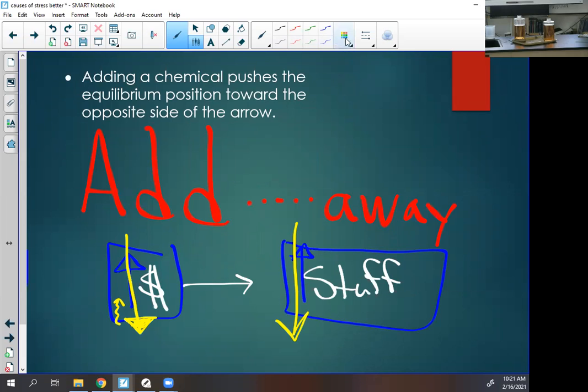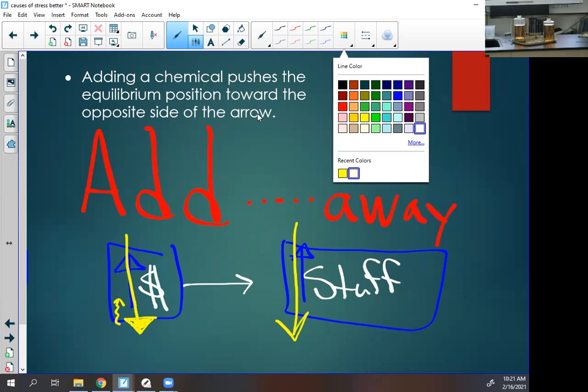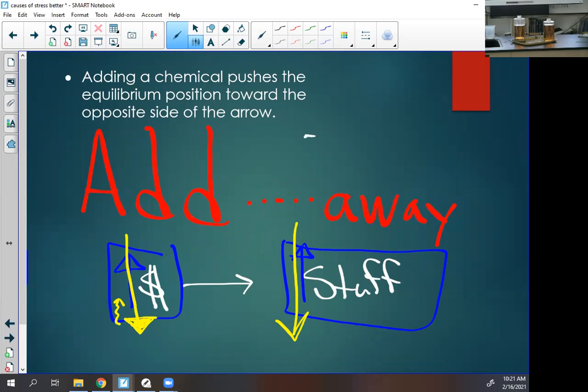So I go back to this slide real fast, and then we're adding. So like we got our pile of sand, and then I add sand to the top. Where's the sand really going to go? It's going to go away from where I just added, because that's just how sand works. So if I add, I move away.